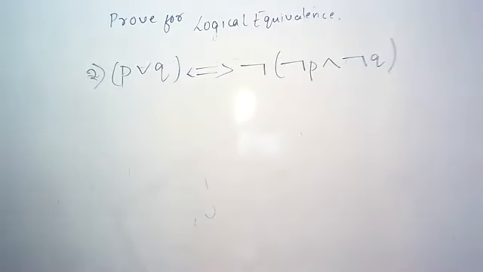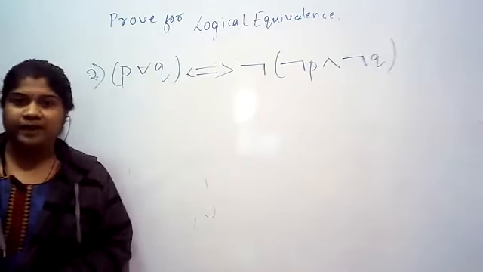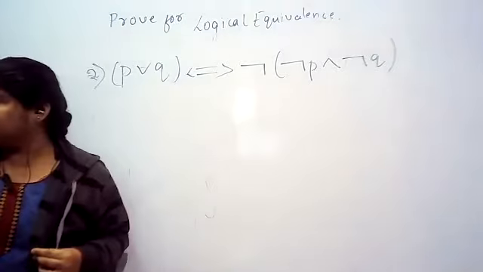So P disjunction Q should be logically equivalent to negation of negation P conjunction of negation Q.